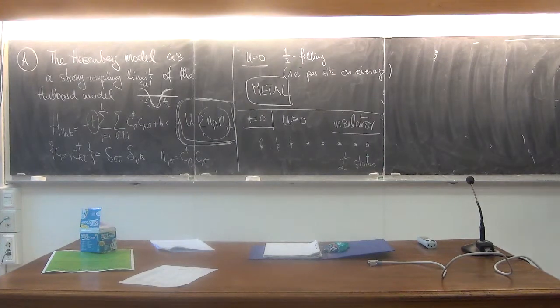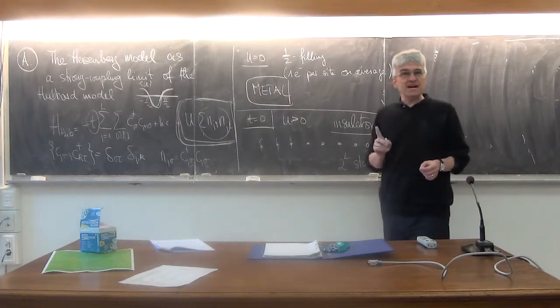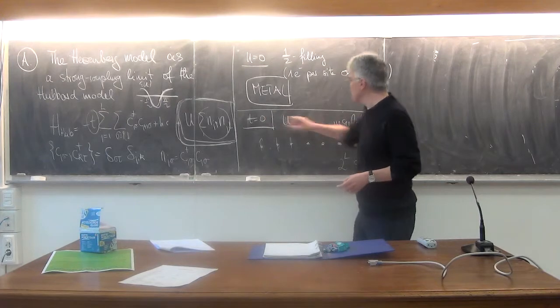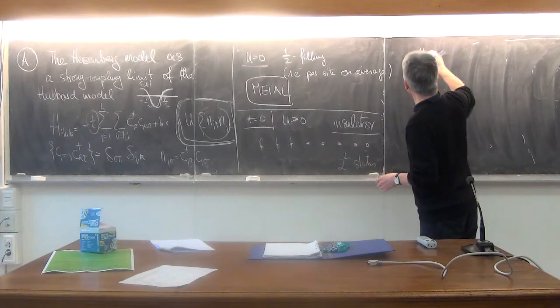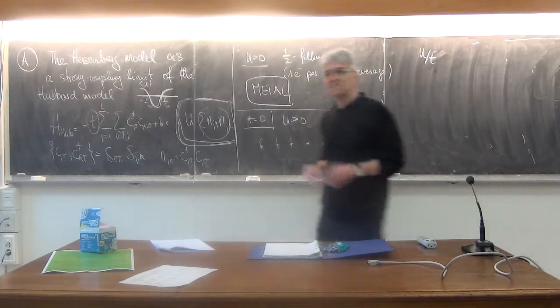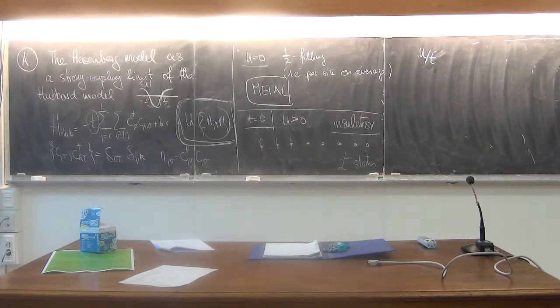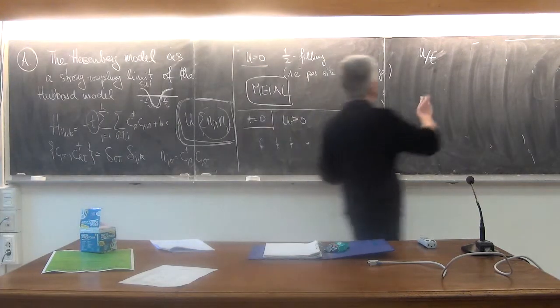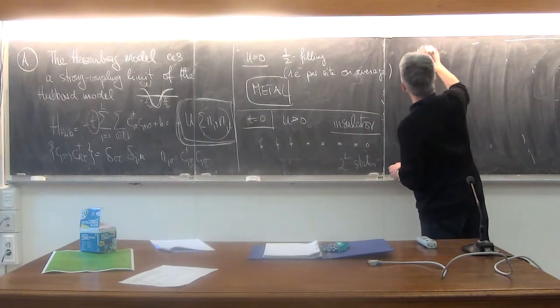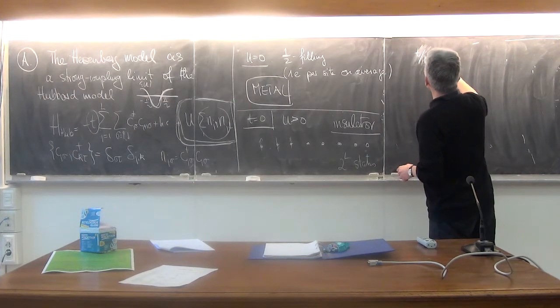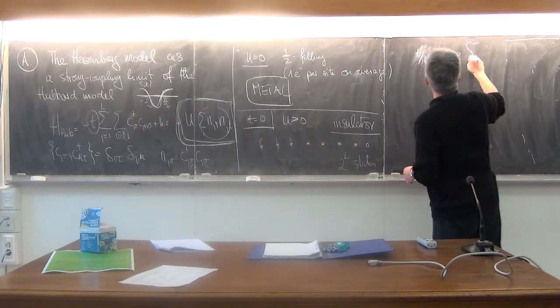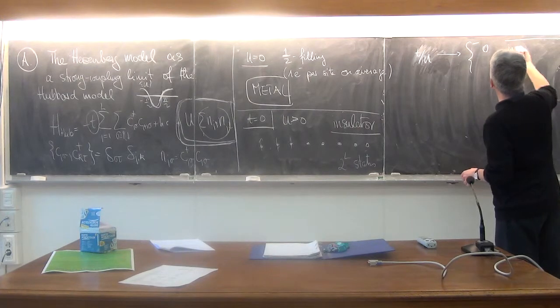All right? But that means now, as a function of U over t, or t over U, so let's do t over U, there has to be a phase transition between a metal and an insulator. When this goes to 0, it's an insulator.